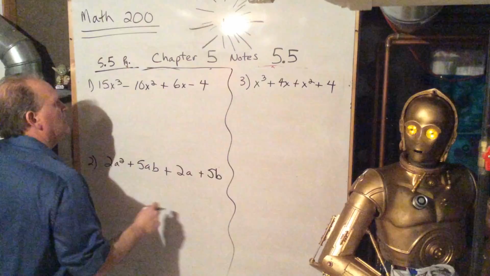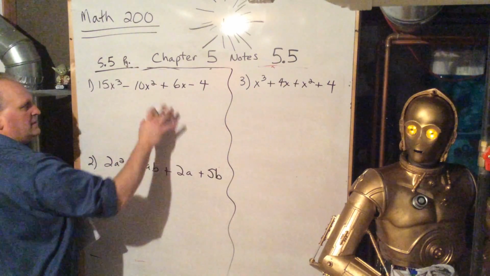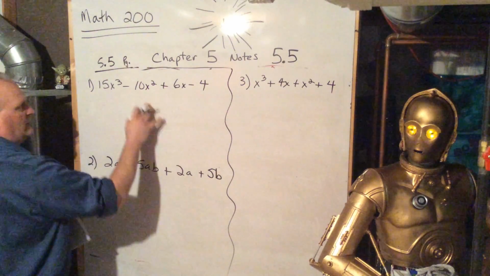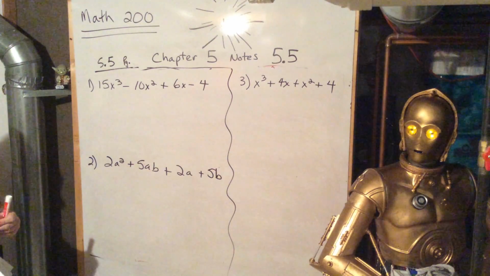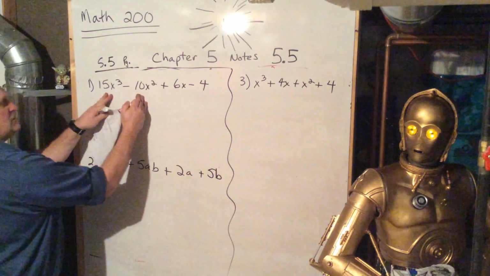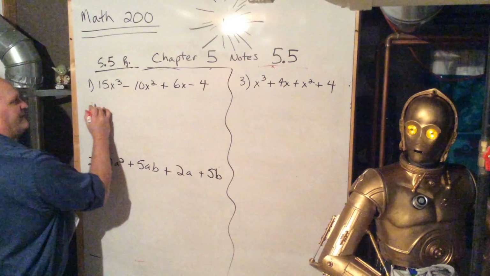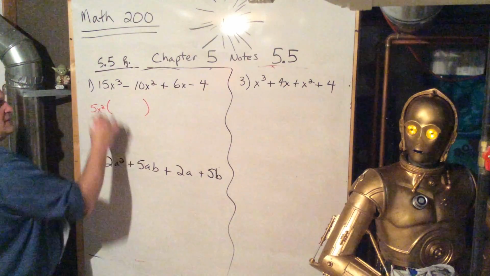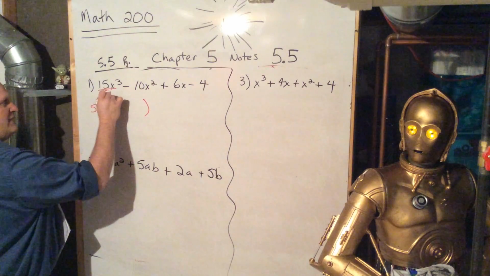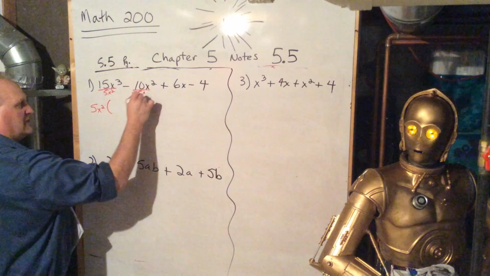Okay, so when we're factoring by grouping, there's 4 terms. And what we're going to do is just factor the GCF out of just the first 2. So we look at just the first 2 terms. That'll be a 5x squared will come out. And we put a set of parentheses there, so we divide this by 5x squared, we divide this by 5x squared.